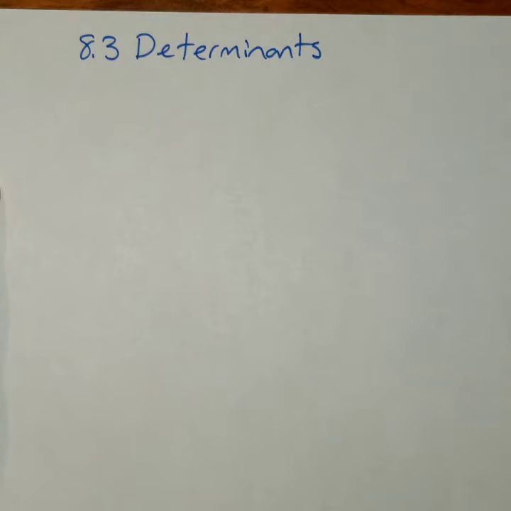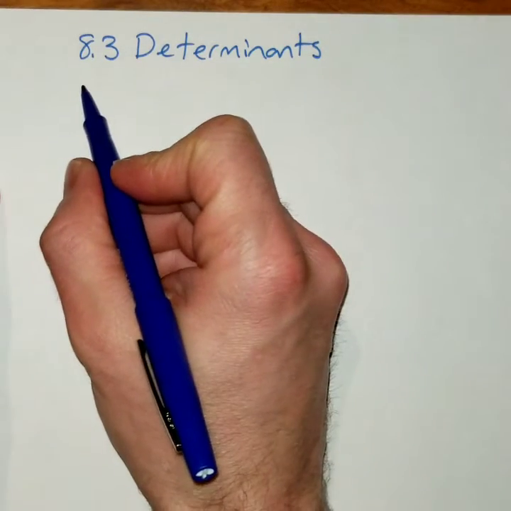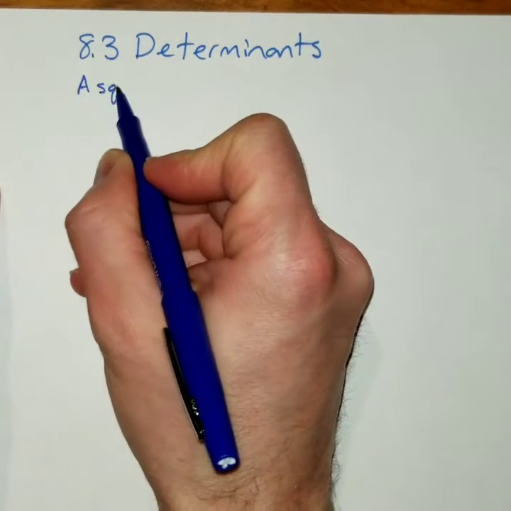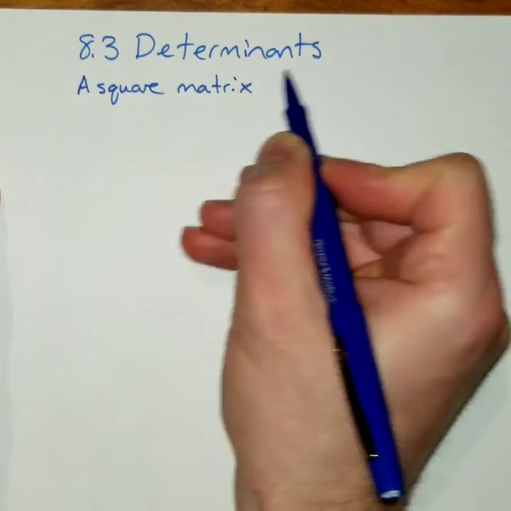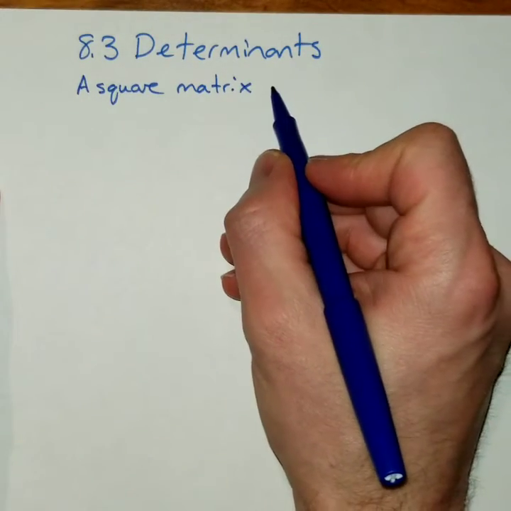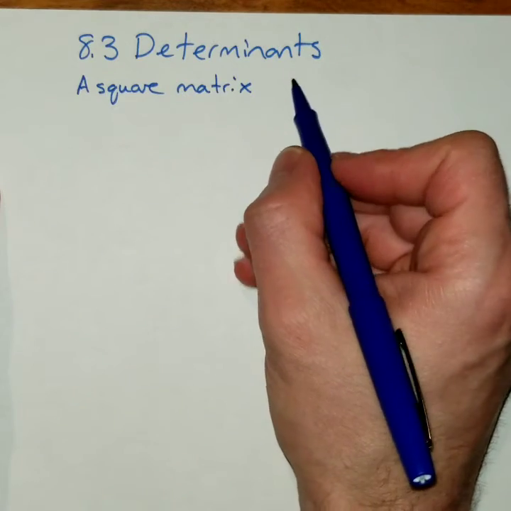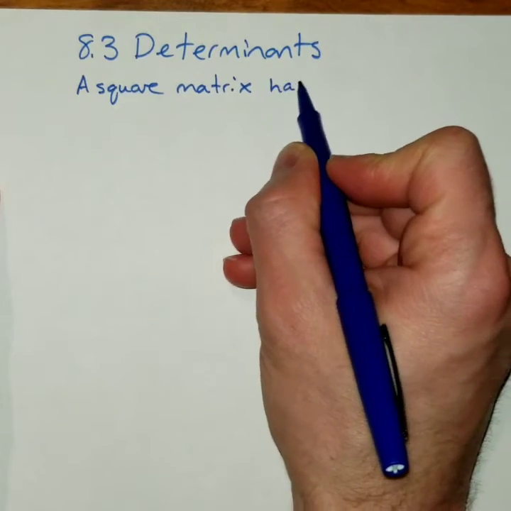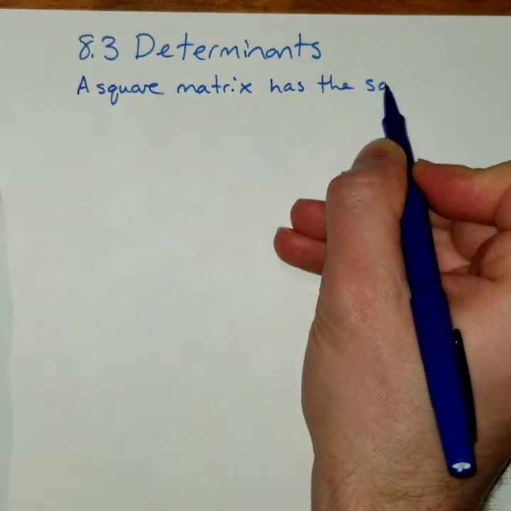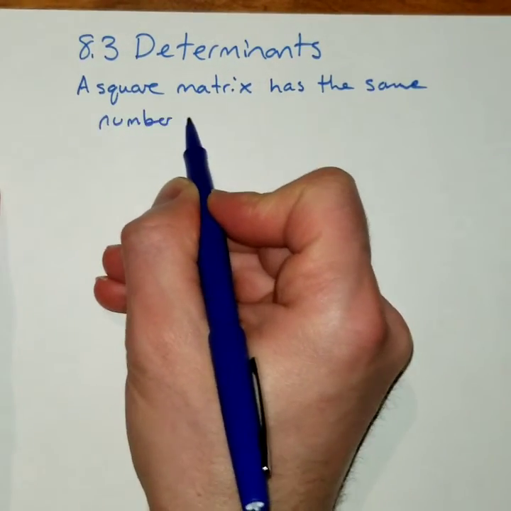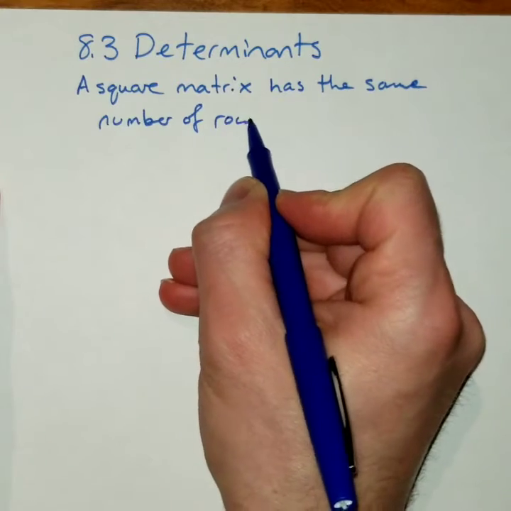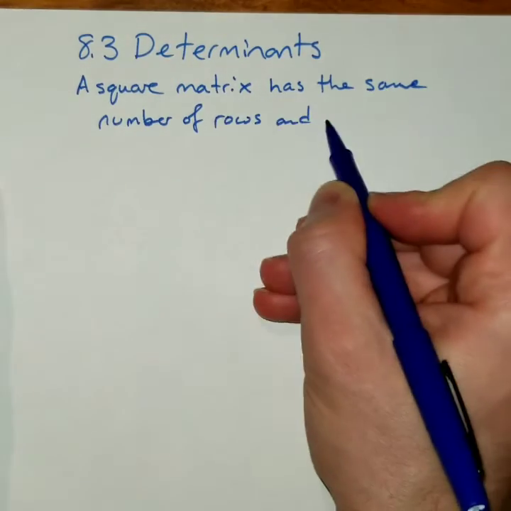Now, a determinant is a special number that is associated with any square matrix. Okay, so a square matrix, first of all, let's define a couple things. A square matrix has the same number of rows and columns.